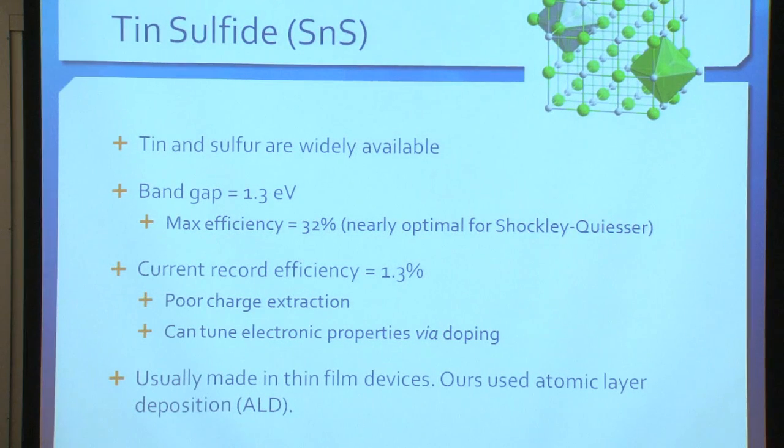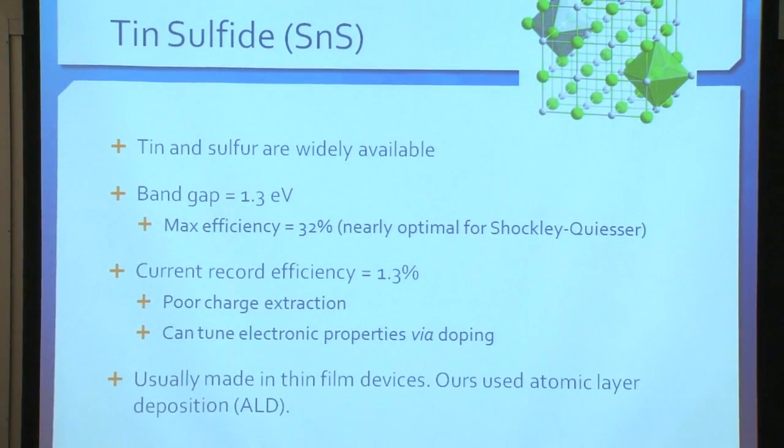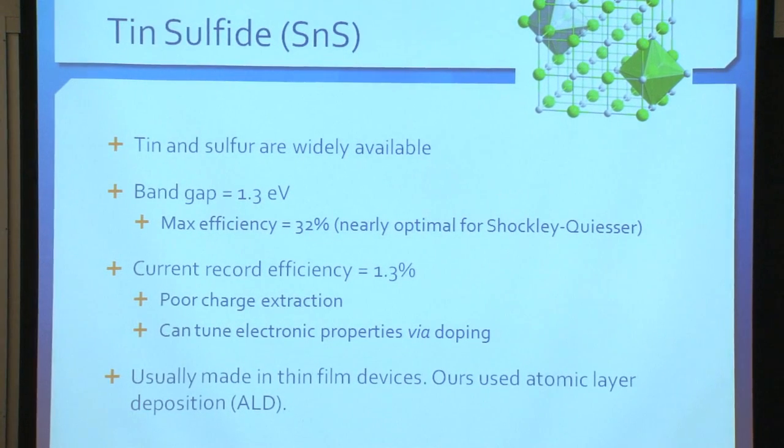Often it seems that devices are limited by their charge extraction. There is an interface between the absorber layer and buffer layers that block electron and hole transport. I'm going to talk about that more on the next slide. But this interface has unfortunately not been very well characterized to date and is often a site of high recombination rates that can limit the current extracted.